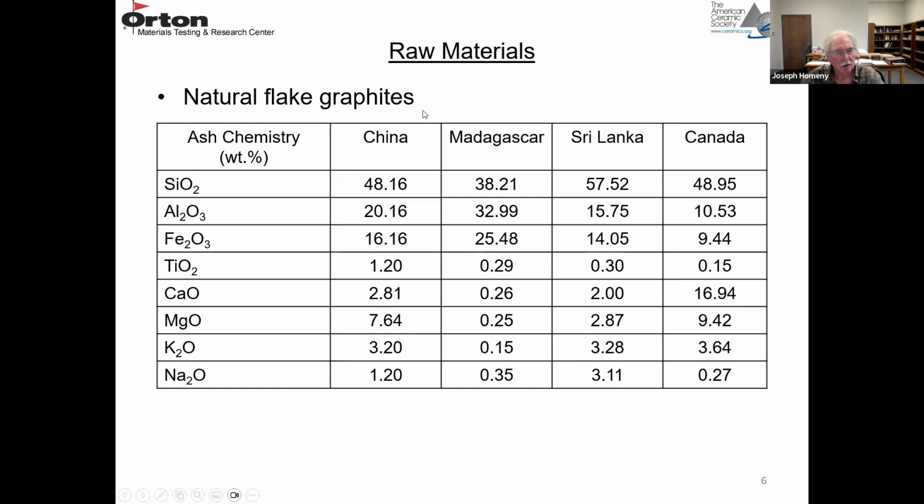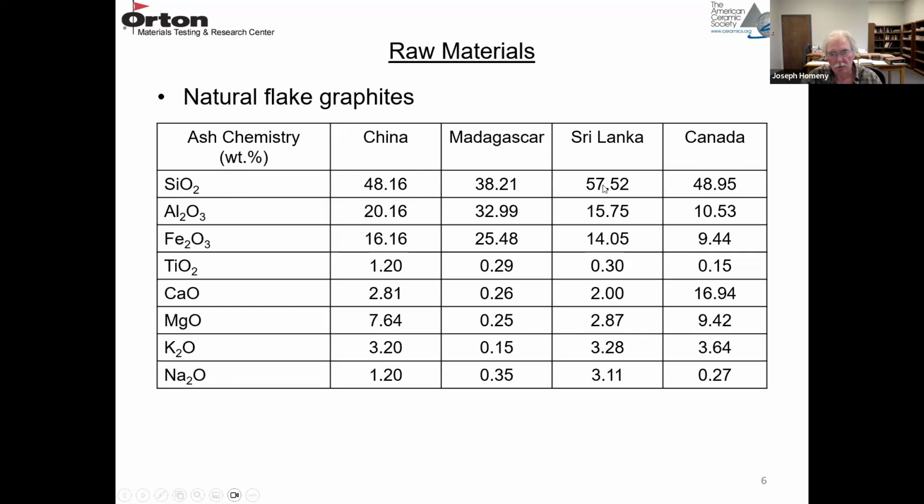The natural flake graphites, the graphite flakes can be fairly large, and they have an advantage. They have a little bit better oxidation resistance than smaller flakes or amorphous carbon. So these are the same four sources: China, Madagascar, Sri Lanka, and Canada. And this is the chemistry of the ash content.